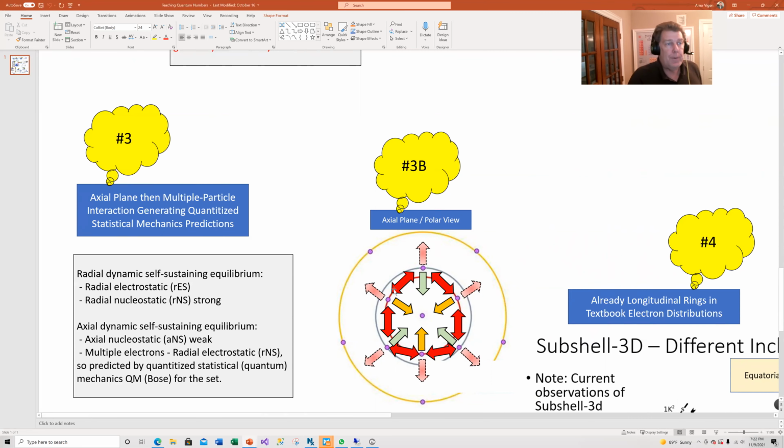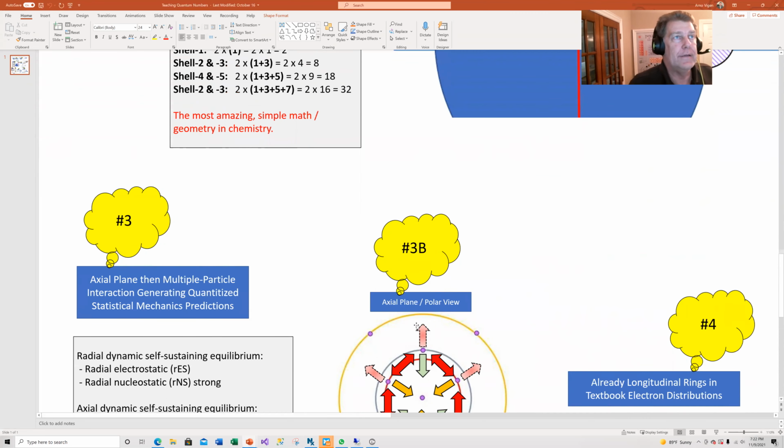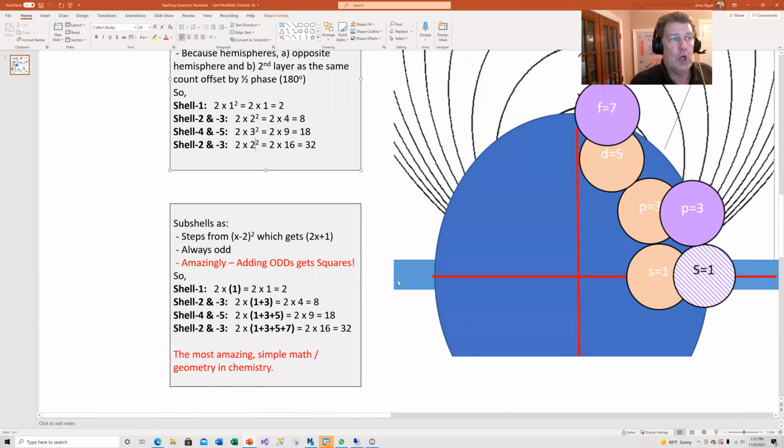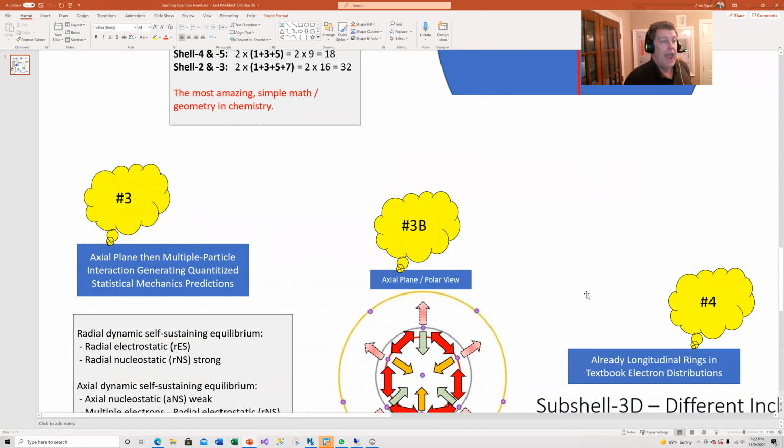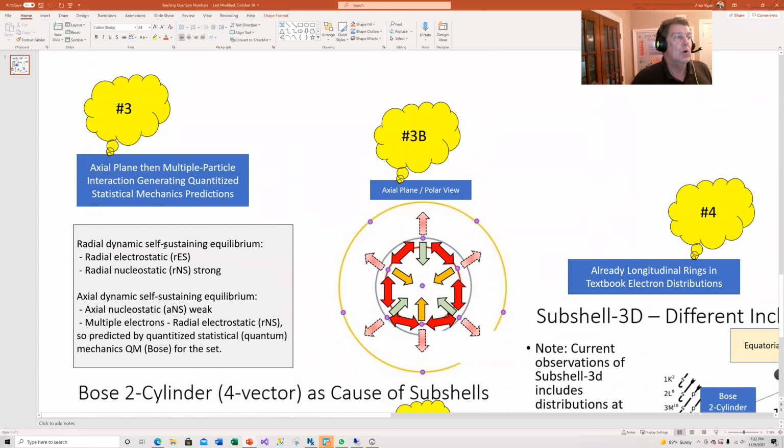In fact, my proposal is that they're attracted not just to the nucleus, they're also attracted to the nucleus axis, the nucleostatic axis. As a result, you get 2 equilibriums. One is the radial electrostatic, that's what we all know, like kind repel, opposite attract, and then you have this extra 1 over r, and that becomes eventually proton, neutron, proton in the nucleus, the strong force, but here it's called angular momentum.